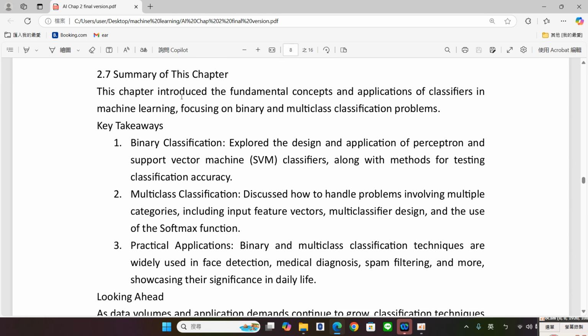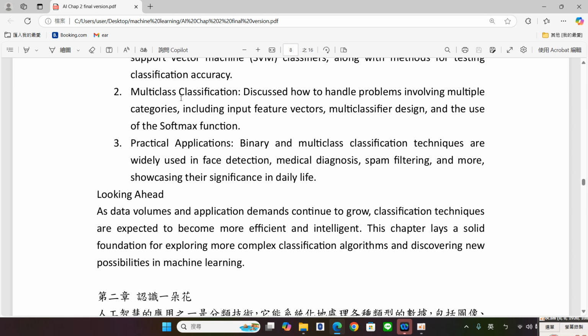Multi-class classification discusses how to handle problems involving multiple categories, including input feature vectors, multi-classifier design, and the use of the Softmax function.